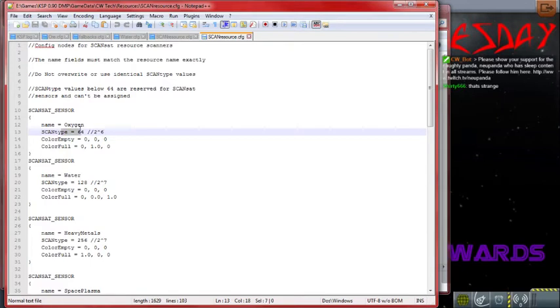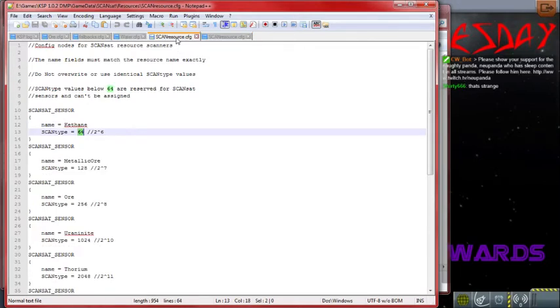But more specifically, my scan type 64 is linked to oxygen, and in ScanSat itself, 64 is linked to Kethane. So all of my numbers have got to be changed. Yay. That's going to be fun.